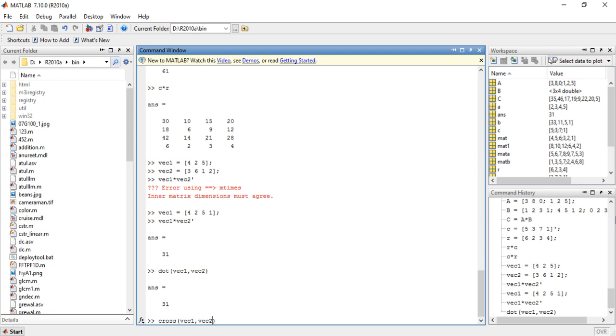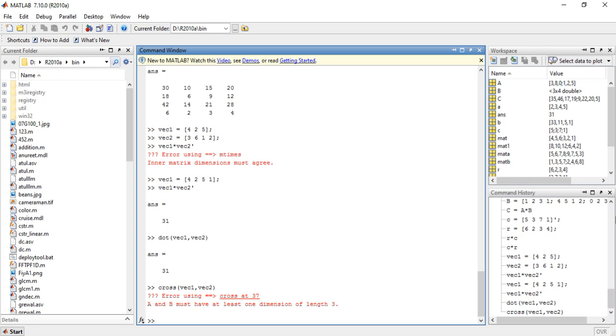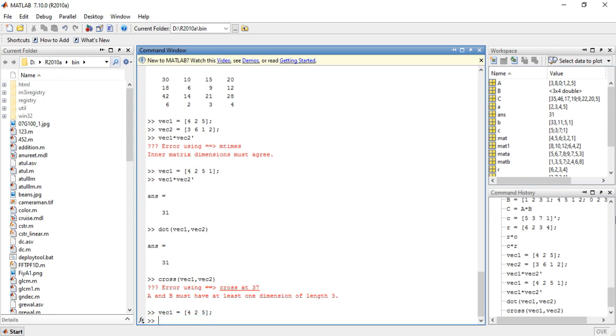What I have done is, again I have chosen the wrong vectors. Vector 1 equals 4, 2, 5, vector 2 equals 3, 6, 1.